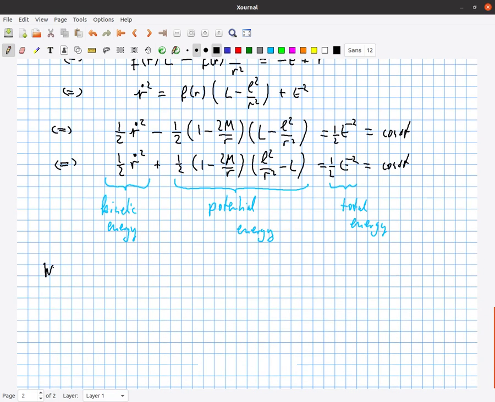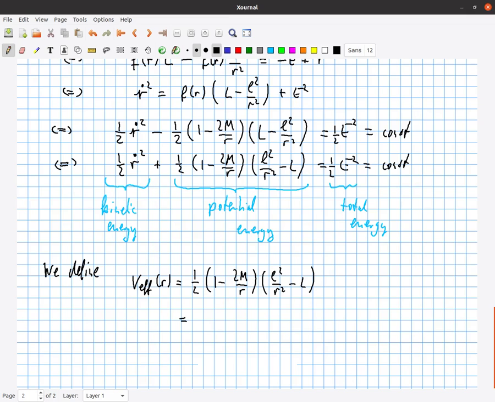And so, for obvious reasons, we now define our effective potential to be this: 1/2, 1 minus 2m over r, L squared over R squared minus L. And I want to multiply this out a little bit now, because I want to talk about the different terms a bit.